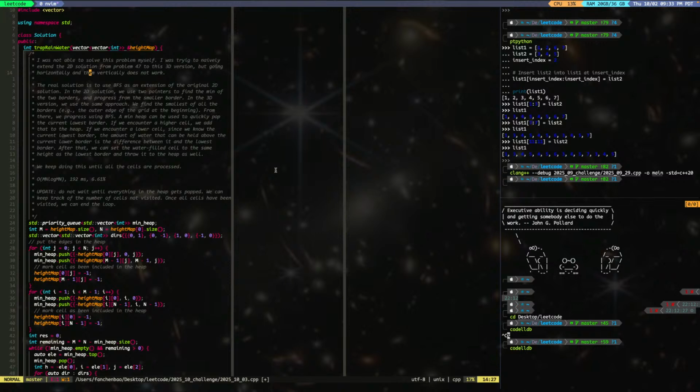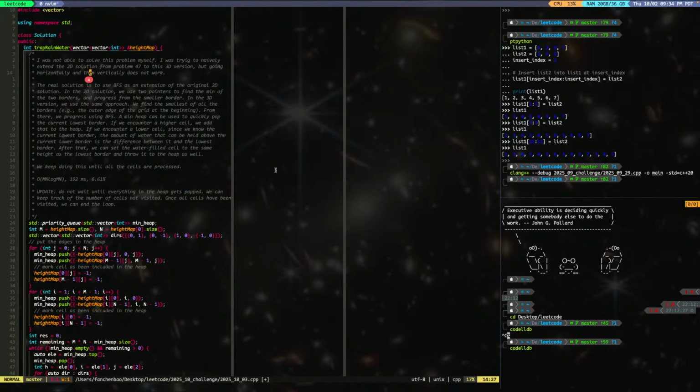Right, it's the same thing with 2D, because as we go, well, the 2D is just as long as it's bigger, then we put it in. But in 3D, we get a lower one, because the water cannot be, like if we get an even lower one, that's the ceiling, right?